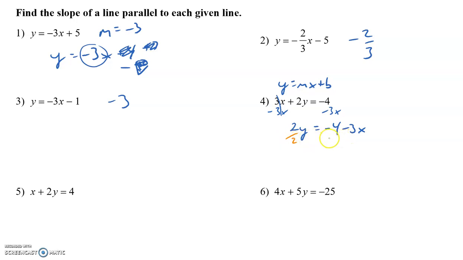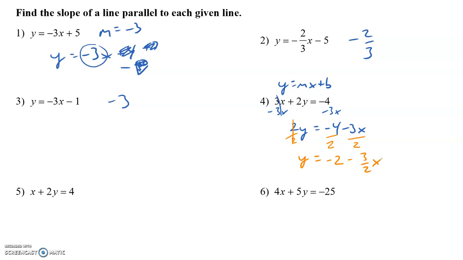If you divide that side by 2, you have to divide everything by 2. And of course, this would cancel like this. Then y is going to be equal to negative 4 divided by 2 is negative 2, and this would be negative 3 over 2x, something like that.